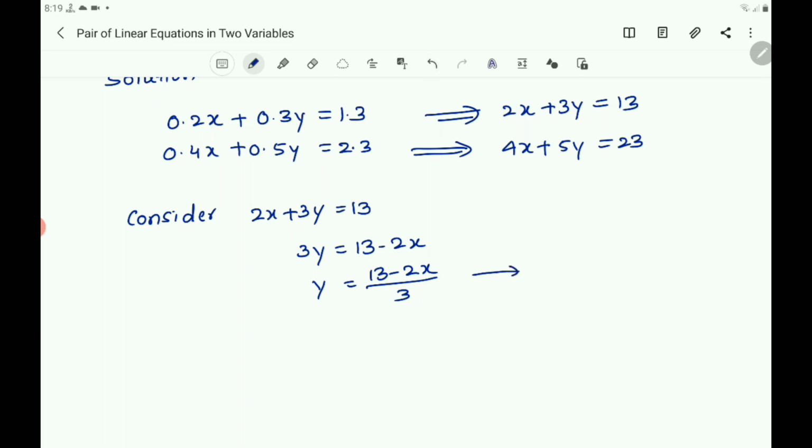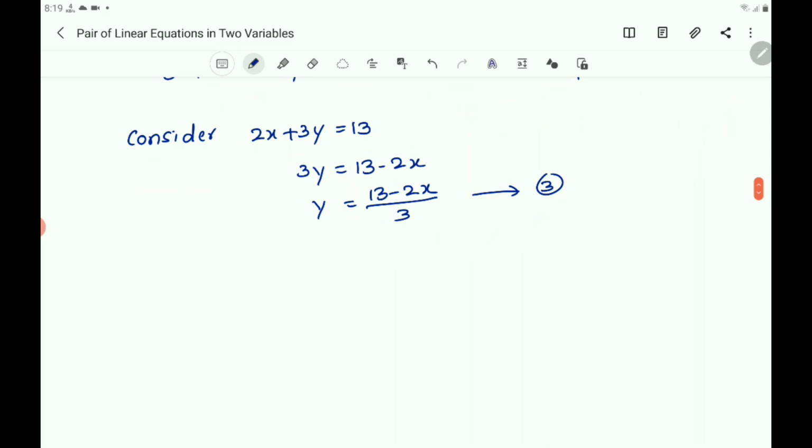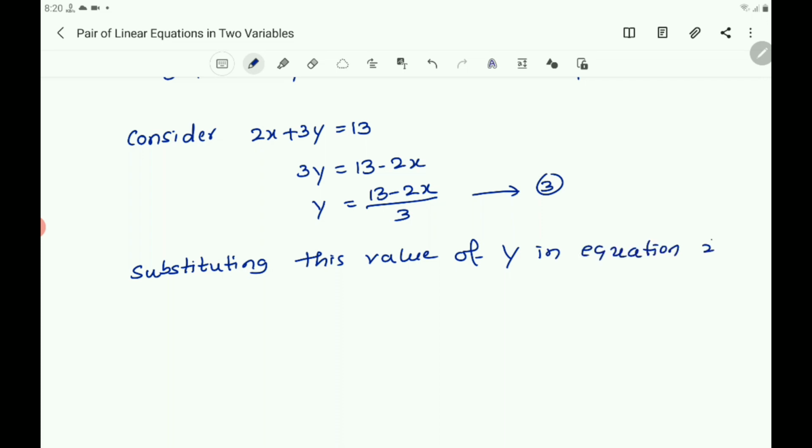You consider this as equation 3, as this is first, this is second. Now substituting this value of y in equation 2.